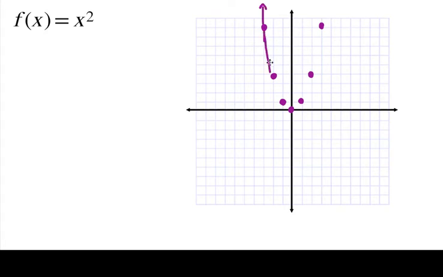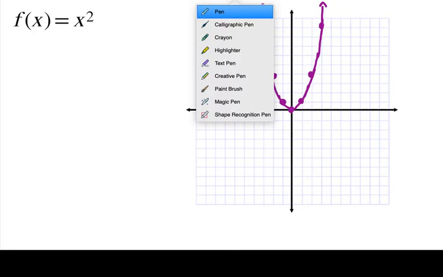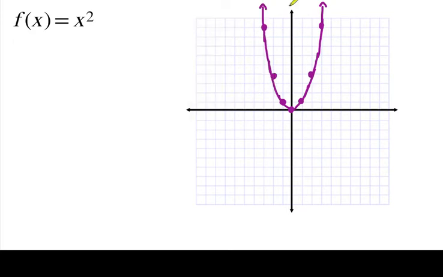So our graph is a parabola that is symmetric to the y-axis. So here's our y-axis. That's the axis of symmetry right there that I've highlighted in yellow. That means that we have an equal distance to the right of the axis of symmetry as it is to the left of the axis of symmetry.